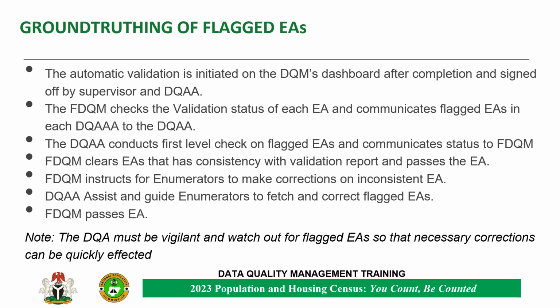The FDQM will then instruct the enumerators to make corrections on the inconsistent EA. But the DQAA can also contact the enumerators or the supervisors to make corrections on those inconsistent EAs. So the DQAA assists and guides enumerators to fetch and correct flagged EAs.